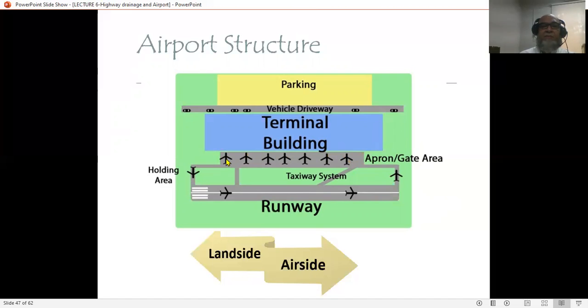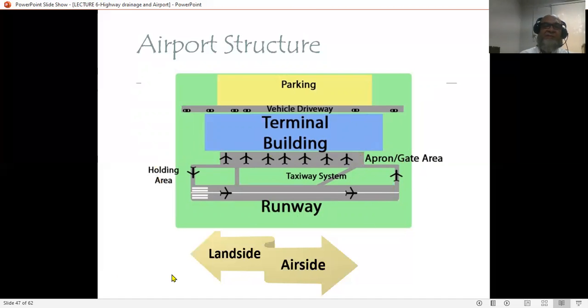And then the link pavement connecting the apron to the main runway is known as the taxiway. So the aircraft is towed, and then under its own power it takes this way, which is called a taxiway, and it enters the runway, takes speed, and flies off. So this activity is an airside activity.